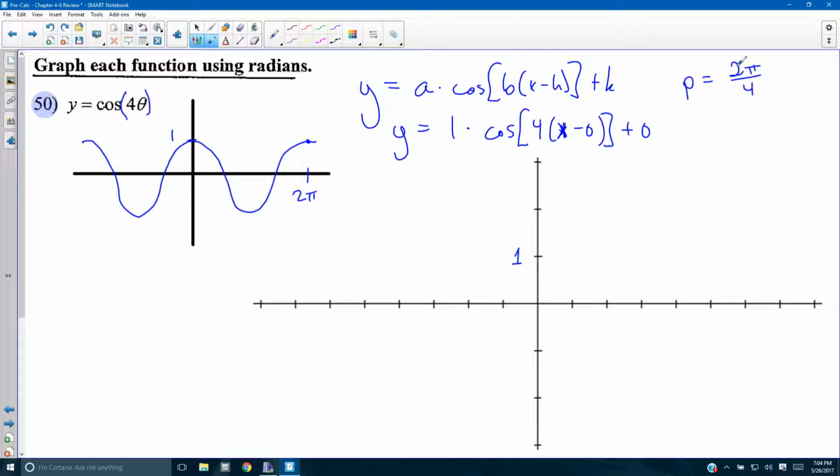I'm going to be covering 4 different periods of this over the course of 2 pi. So the entire period itself is pi over 2.